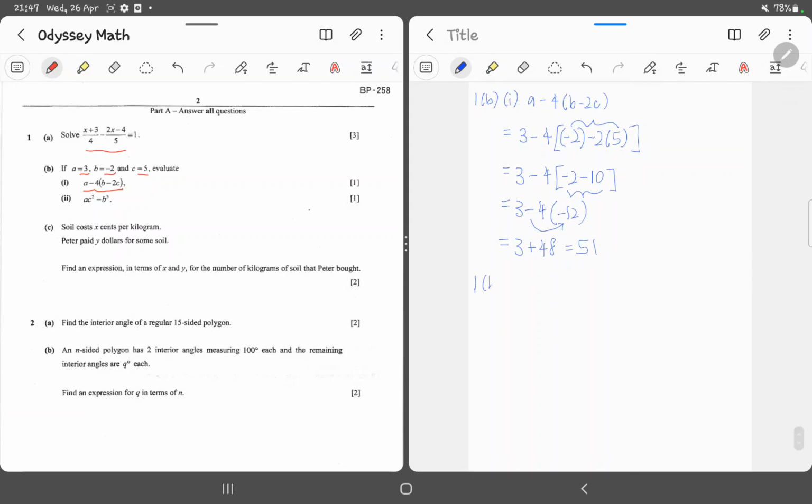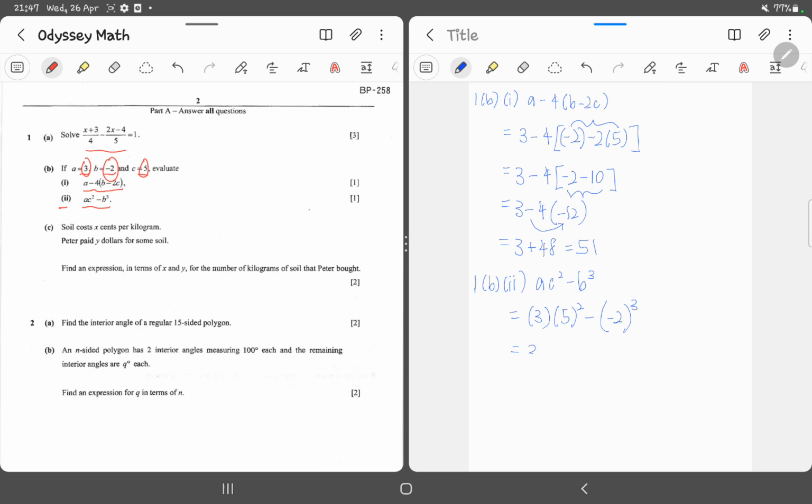So 1B part II: ac squared minus b cubed. a is 3, c is 5 so 5 squared, minus b, which is minus 2, bracket cube.